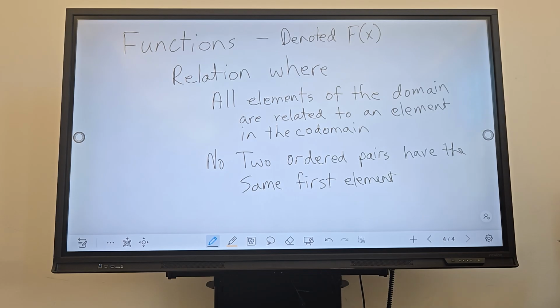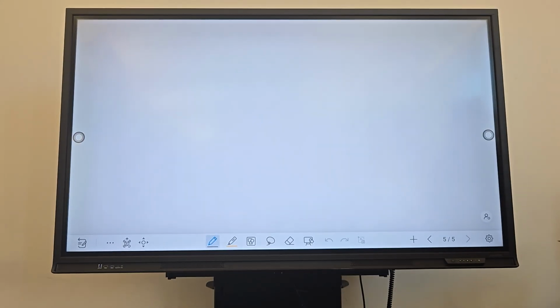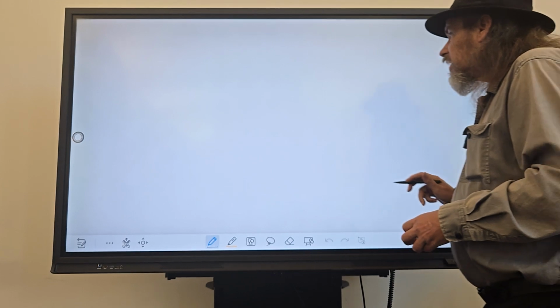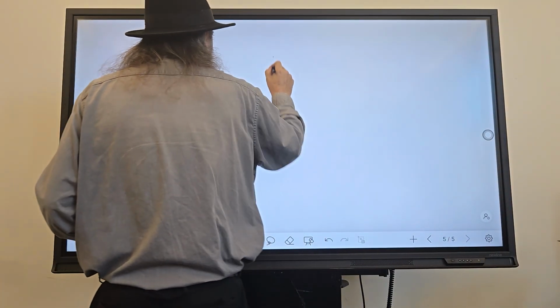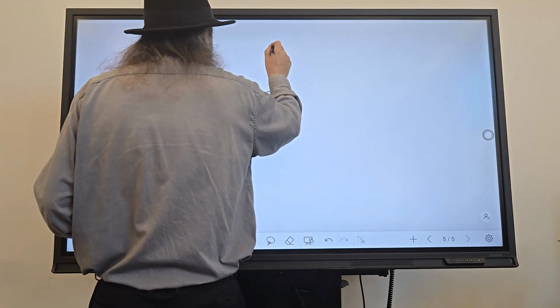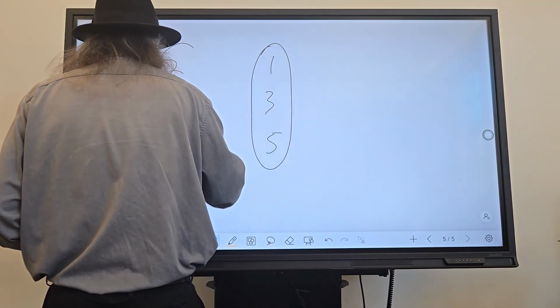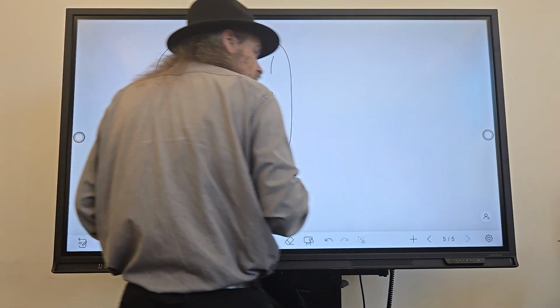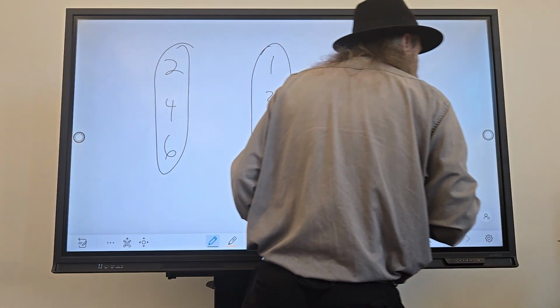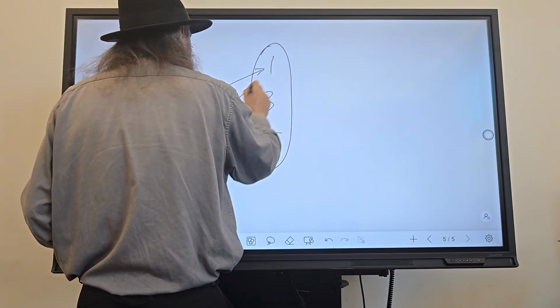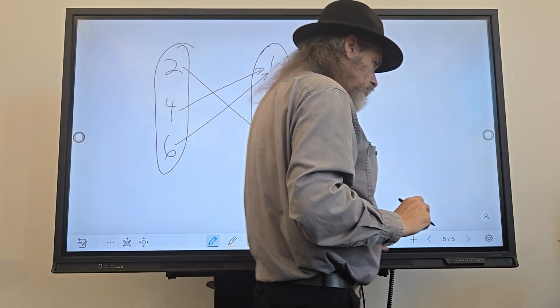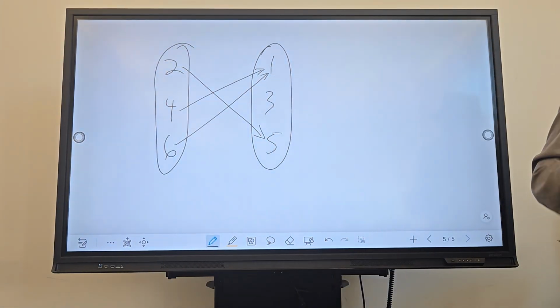It's the easiest to relate to. 2, 4, 6, and 1, 3, 5. And 2 goes to 5. And 4 goes to 1. And 6 goes to 1. Okay. This is a function.